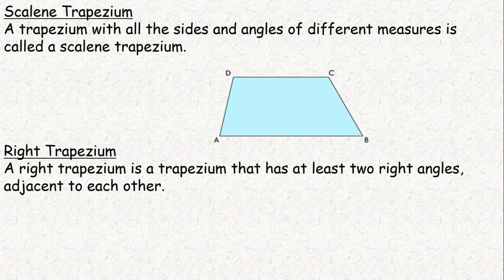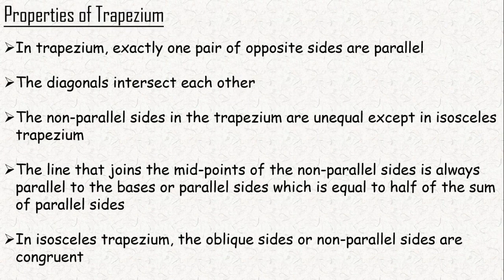Here there is a picture. Angle A is a right angle and angle D is a right angle, and both are adjacent to each other. That's right trapezium.